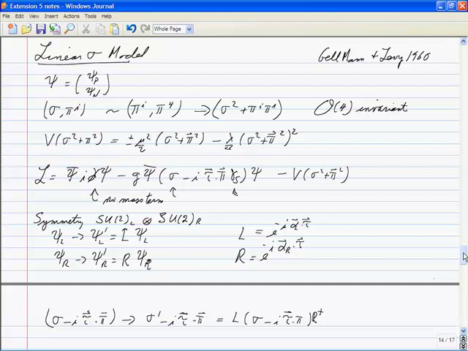So for the homework, I don't even spell out what this is. I just say it's a function of sigma squared plus pi squared. The proving of this is a really simple exercise. If you struggle on it, come talk to me, because it's not supposed to be a struggle. It's just a little bit of playing with left-handed and right-handed fields, and a little bit of taking traces that I went through today.